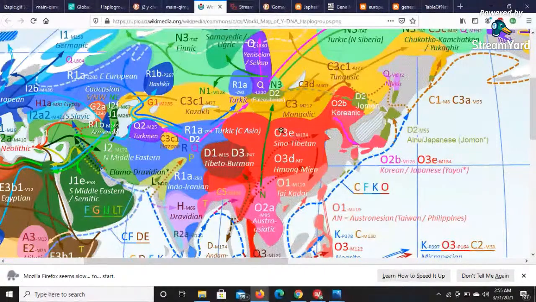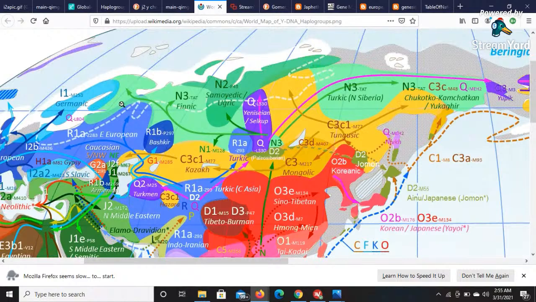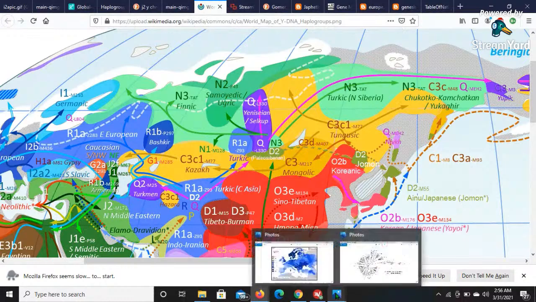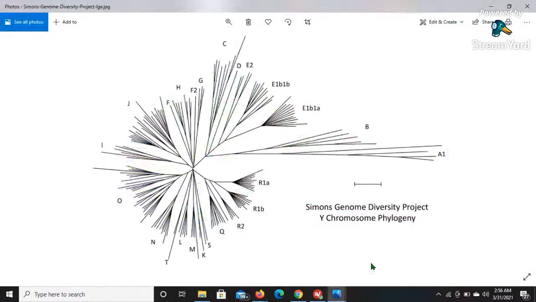Then you have the O and the N's. Well, the N's seem to be separate from the O's here. Let me see what this shows here. See if the N's and the O's are separate. Yeah, it's probably they're separate.